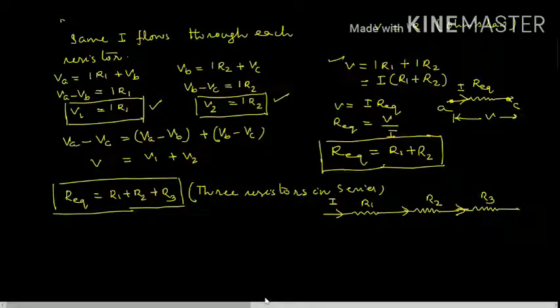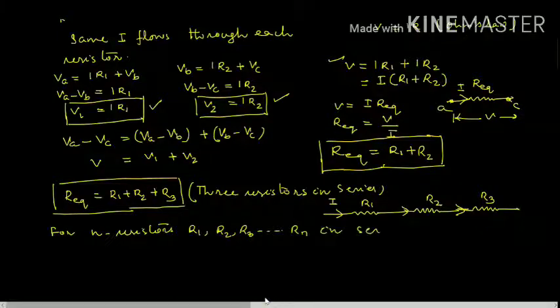We can extend to n resistors. For n resistors, R1, R2, R3 up to Rn in series, the equivalent resistance is R equivalent equal to R1 plus R2 plus R3 up to Rn.